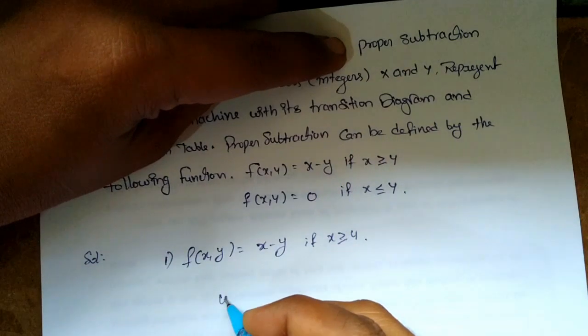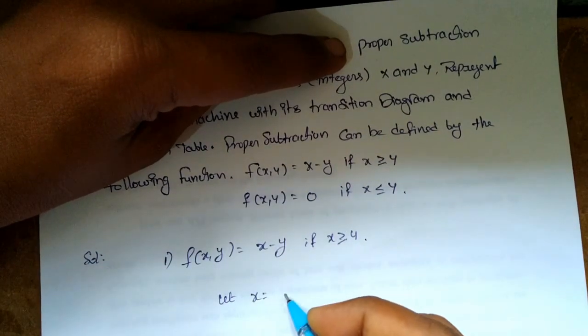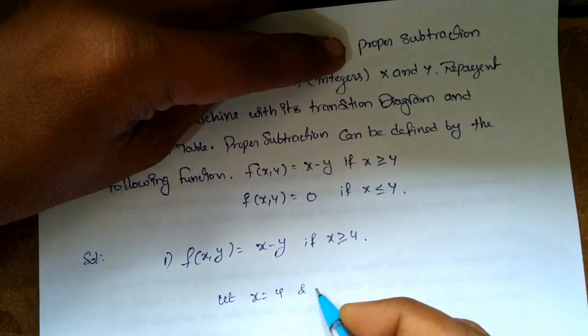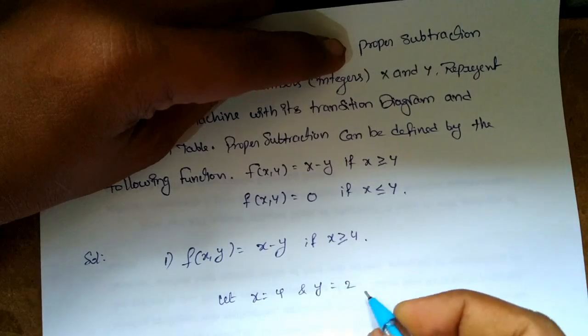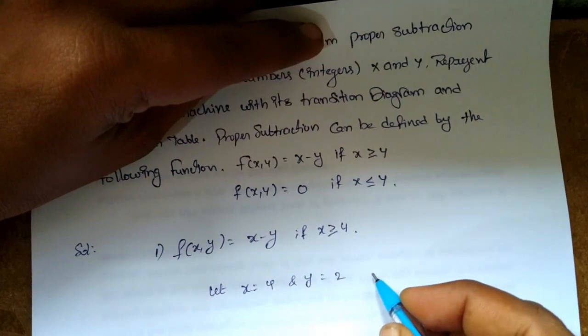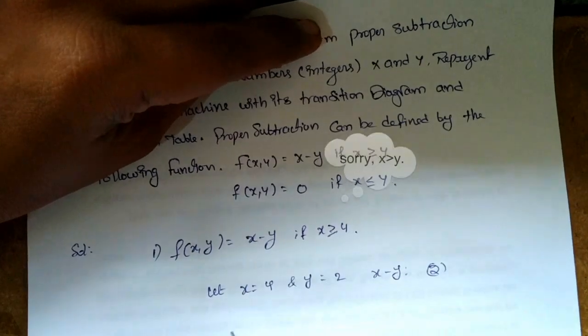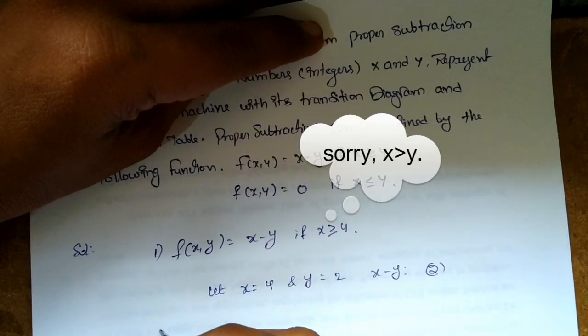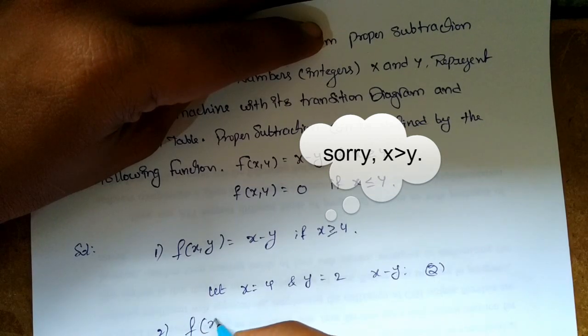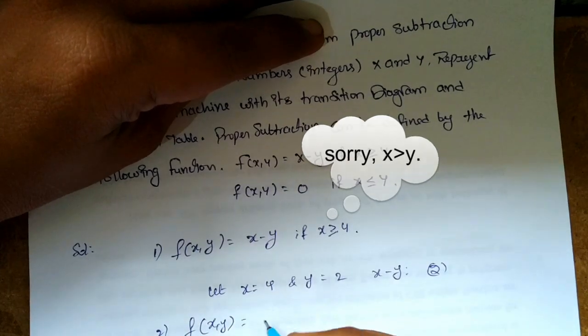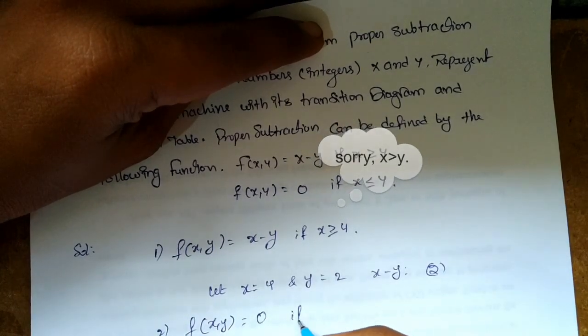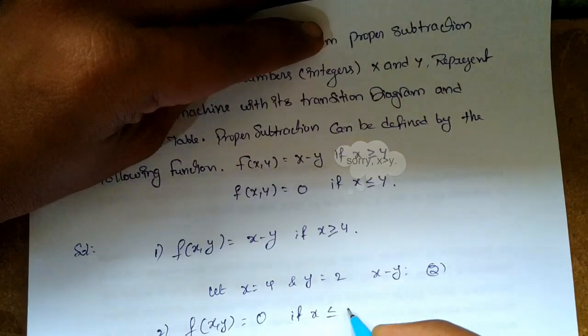So let x equal 4 and y equal 2. Then the subtraction x minus y is 2. And the second function is f of x comma y is equal to 0 if x is less than or equal to y.